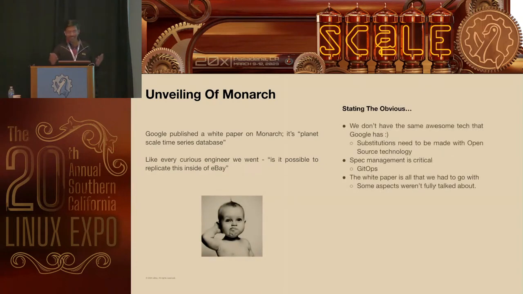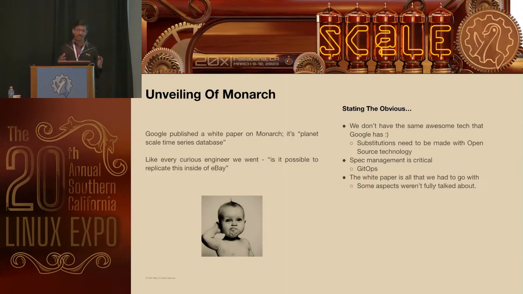So stating the obvious, we don't have the same awesome tech that Google has. So we had to do a lot of substitutions. And those substitutions were primarily made through the usage of open source technology. We realized very early on that none of this can happen without GitOps, because managing configurations for these many independent installations is going to be really hard.